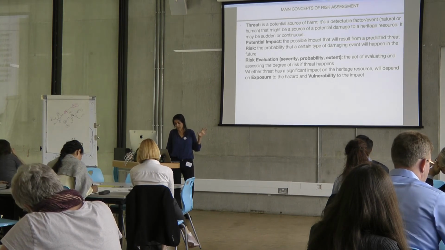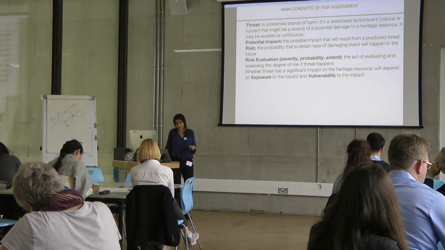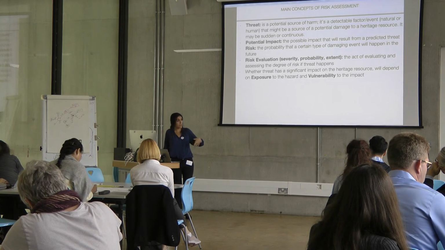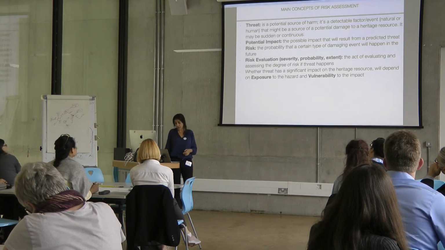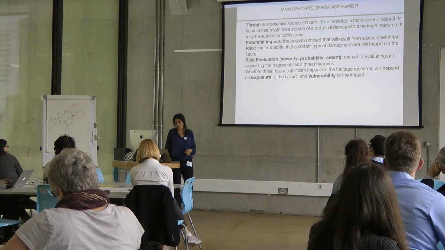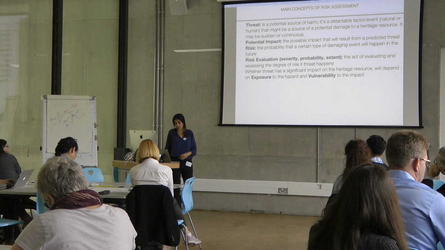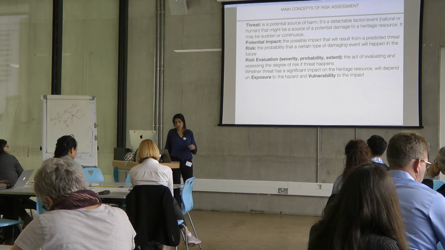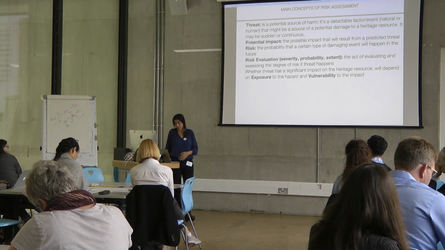The main concepts that we used for the risk assessment part of the database are to identify the threats, and threats are defined as a potential damage or harm that can happen in the future, and they can have different factors from natural to human. Actual potential impact, so what is the actual impact that we think might happen in the future?